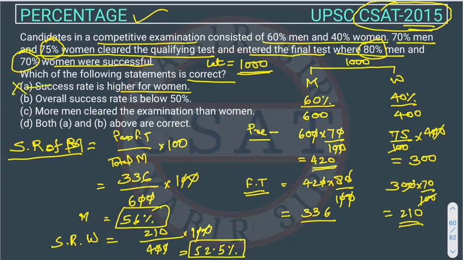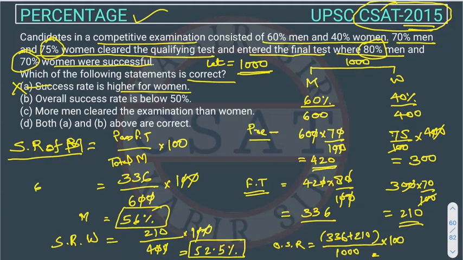Overall success rate will be the total candidates who passed the exam, that will be 336 plus 210. And what was the total number of candidates who appeared in the exam? 1000 into 100, right? I have less space here, so I am solving it here.